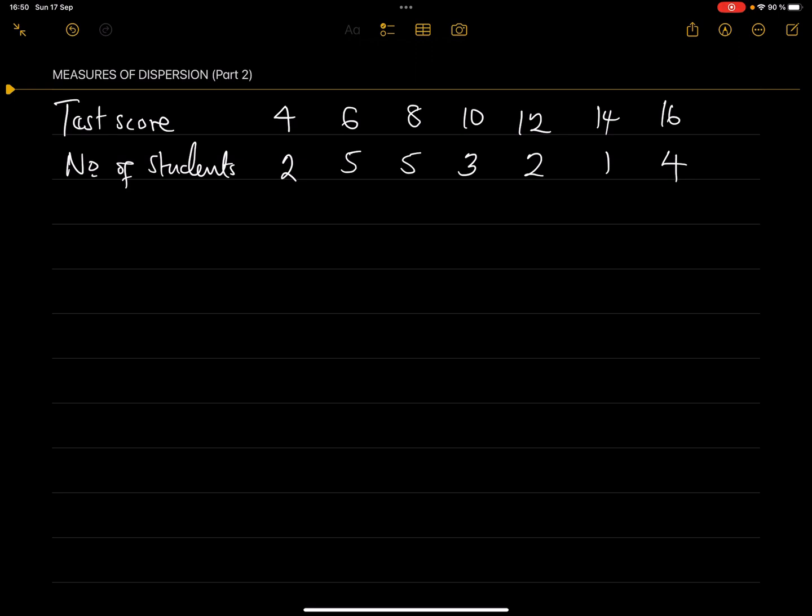The range will be the highest minus the lowest. The highest test score is 16, and 4 people scored it, and the lowest test score is 4. So the range equals 16 minus 4, and this gives 12. Perfect.